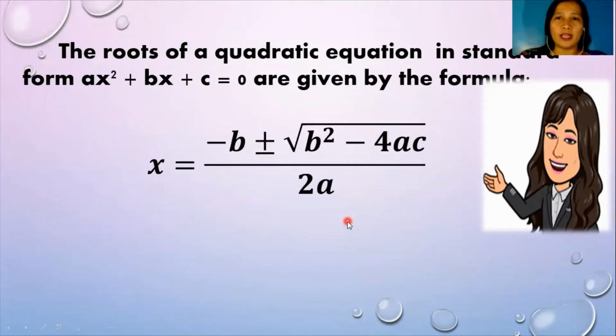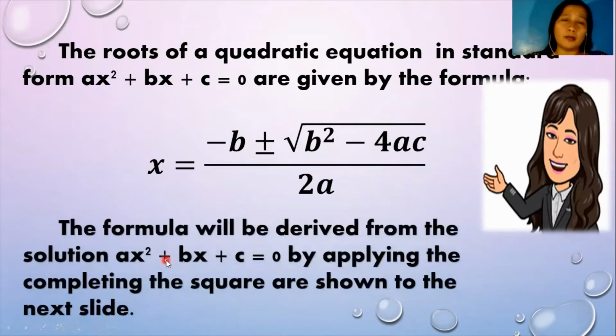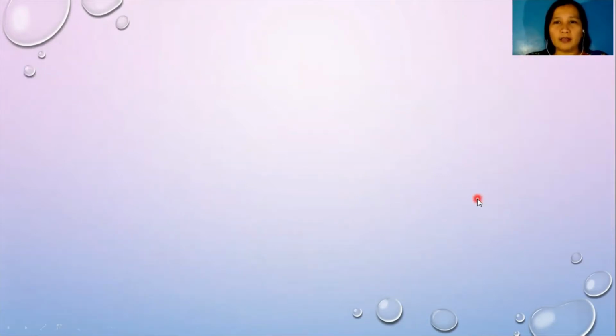Our formula is x is equal to negative b positive or negative square root of b squared minus 4ac all over 2a. The formula will be derived from the solution ax squared plus bx plus c equals 0 by applying completing the square as shown in the next slide. Yes, guys, we will derive the formula.